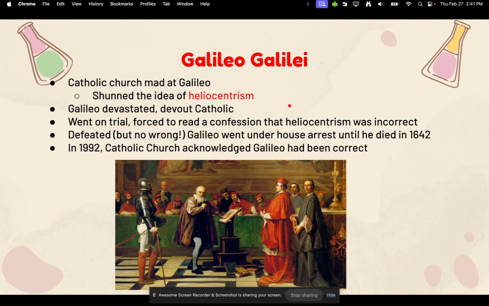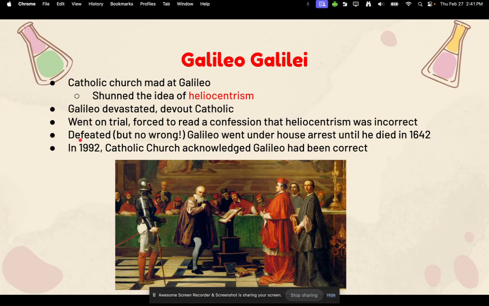All right, so the Catholic Church was not happy with Galileo for publicizing this book because the Catholic Church shunned the idea of heliocentrism. Remember, the Catholic Church believed that the Earth was in the center of the solar system. Galileo was devastated at this because he was also a devout Catholic as well as a scientist. He went on trial and he was forced to read a confession that heliocentrism was incorrect.